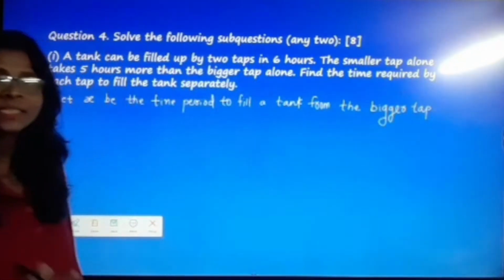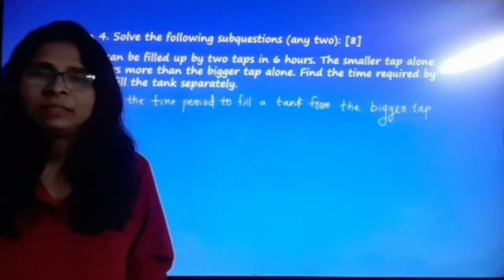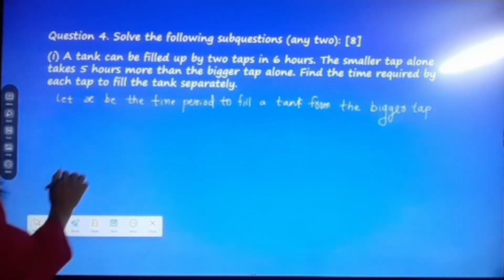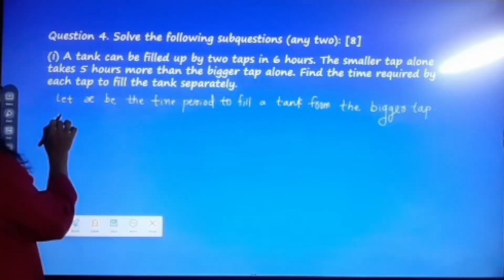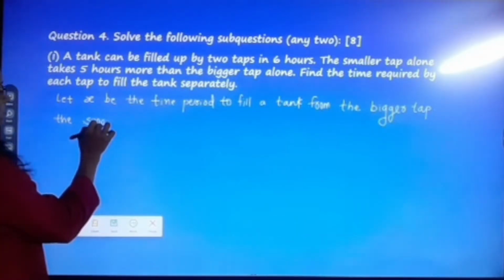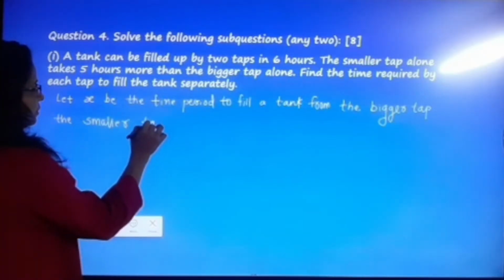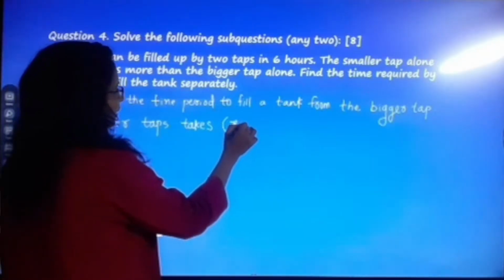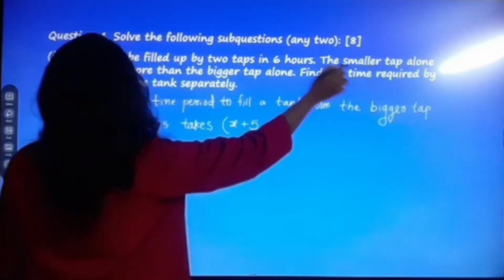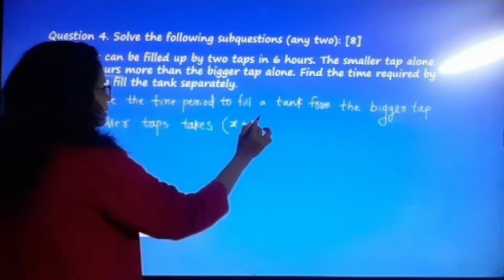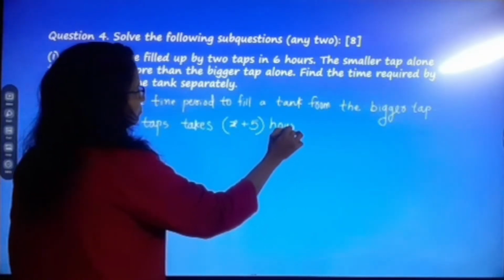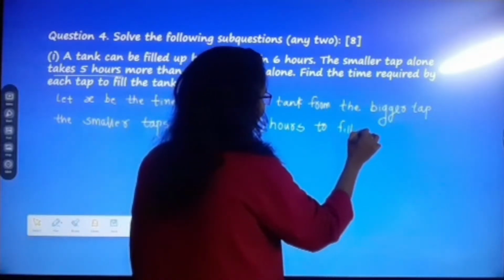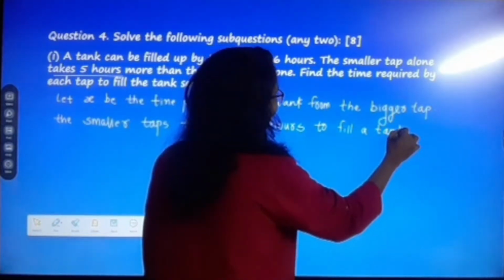Then as per the condition, the smaller tap takes x plus 5 hours to fill a tank.